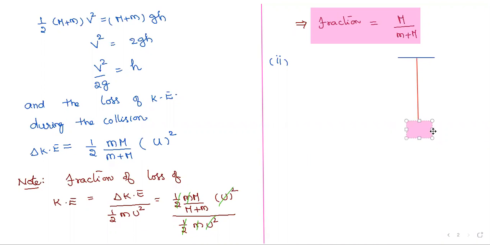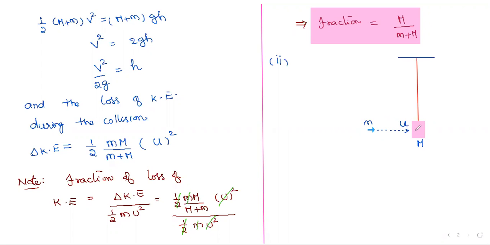This is the wooden plank, but thin. Of course, taking the same mass, capital M, for this one. And this is the bullet I'm taking here, fired horizontally. Bullet mass is also the same, small m, fired with a velocity u.